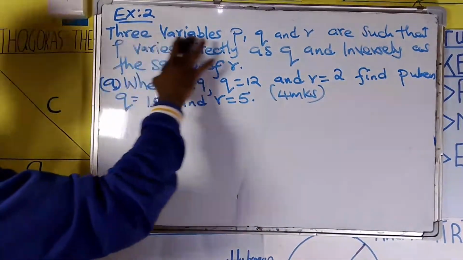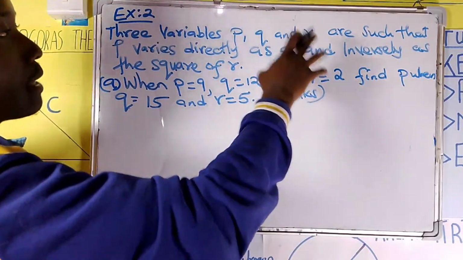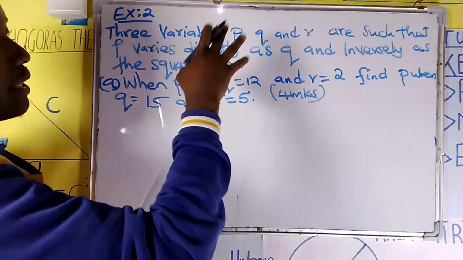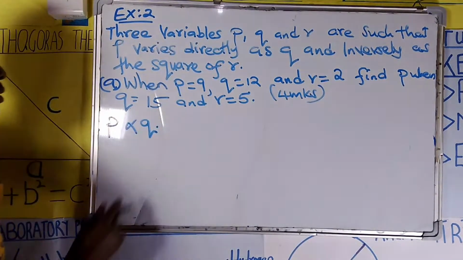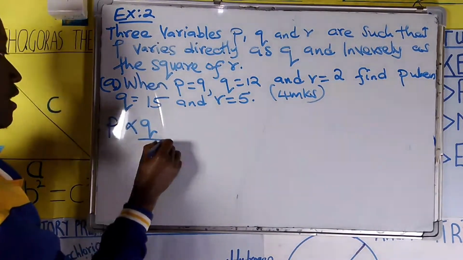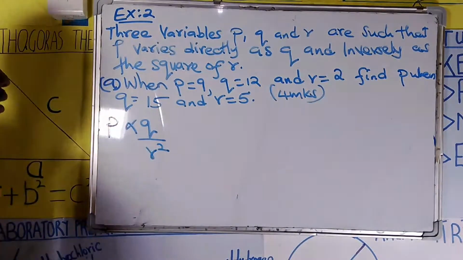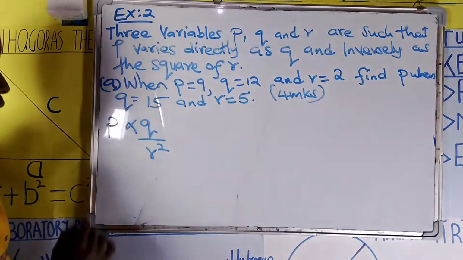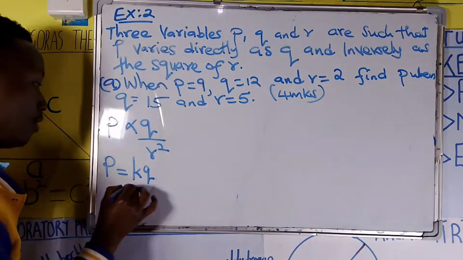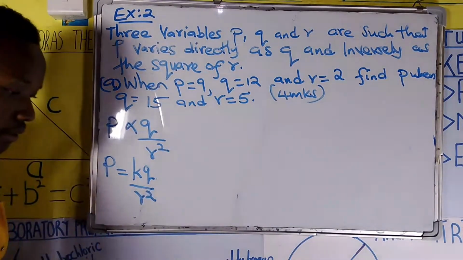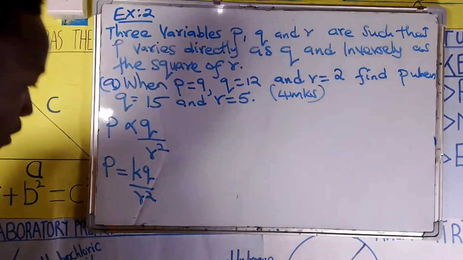So, three variables P, Q, and R are such that P varies directly as Q and inversely as the square of R. So in short, P is equal to KQ over R squared.